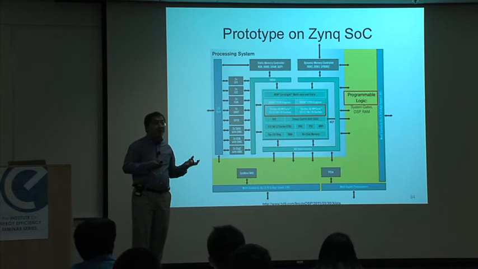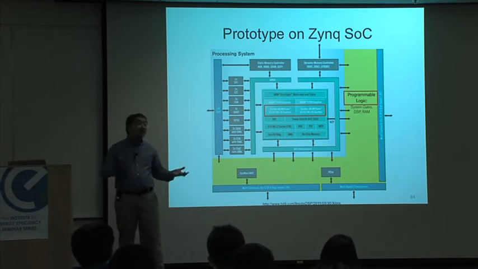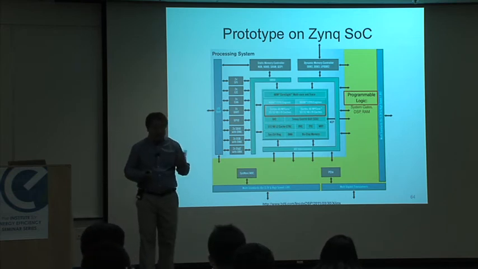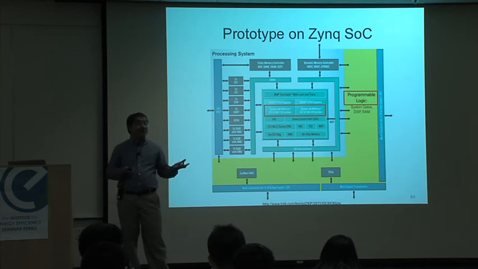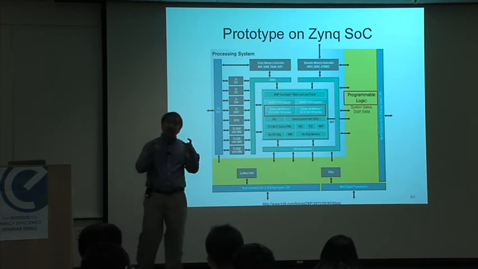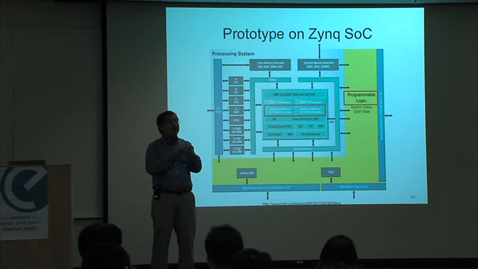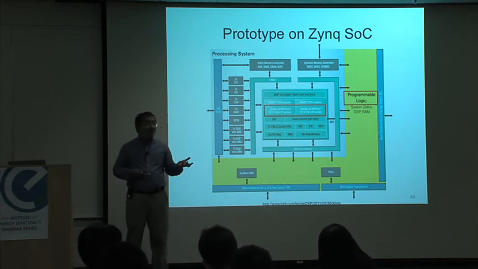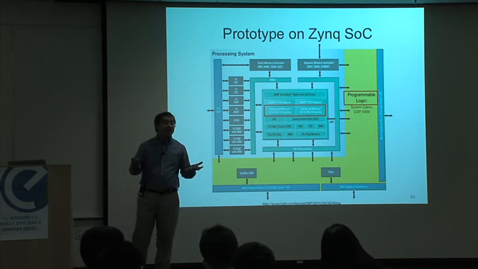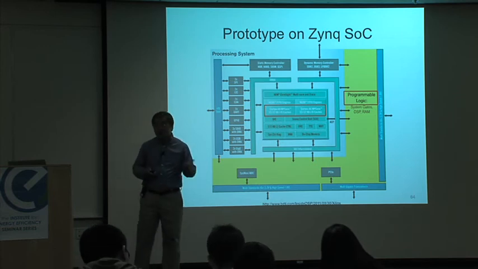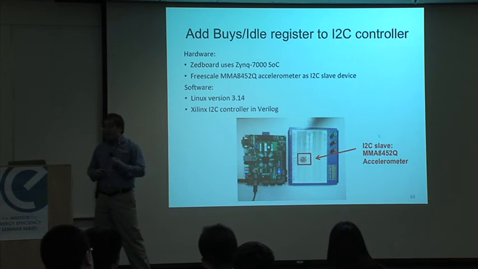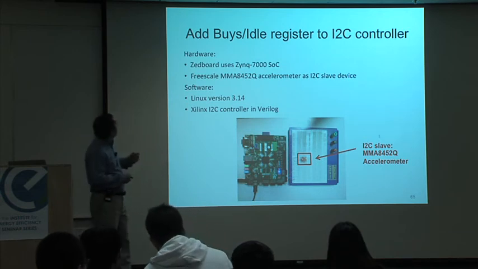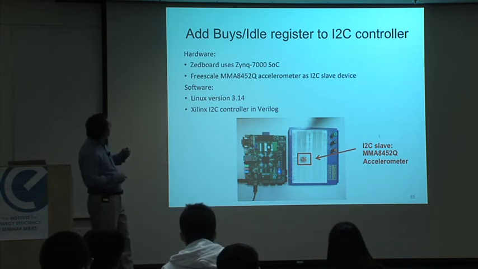Now we prototyped this to check if it works, and how easy it is to make the hardware modification. We take the Xilinx Zed board, which has a Zynq SoC. The SoC is nice because it has an FPGA module inside. So basically, we take some open core IPs, which are open source hardware designs, and Xilinx also provides some simple ones. What we did is, for the I2C controller, we take, I believe, a Xilinx I2C controller.